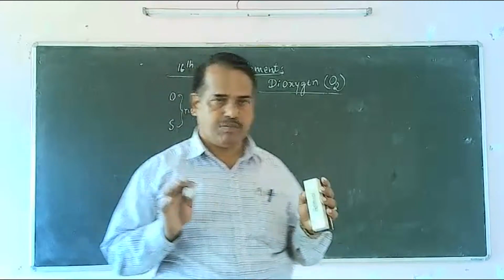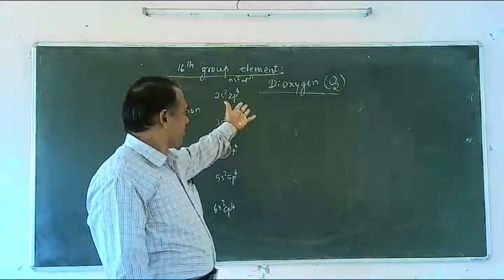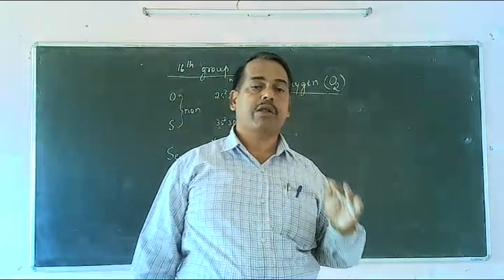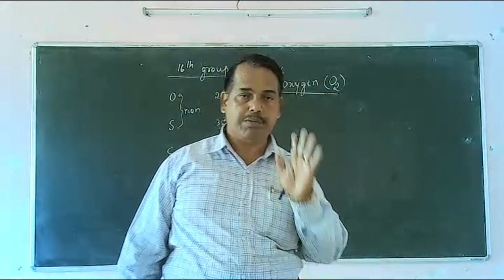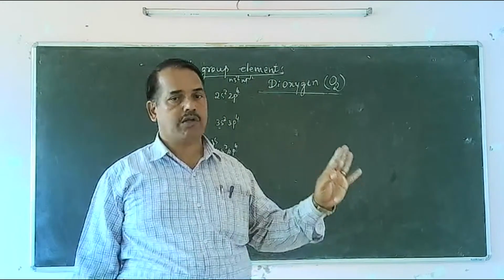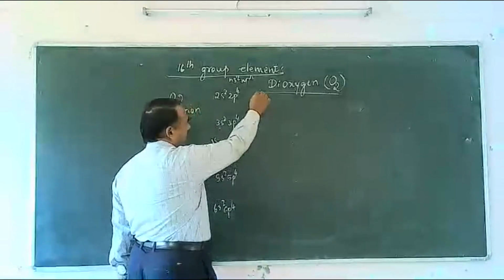Dioxygen, how can it be prepared? It is prepared by the thermal decomposition of potassium chlorate in the presence of manganese dioxide, MnO2, as a catalyst. So I am going to write the reaction.